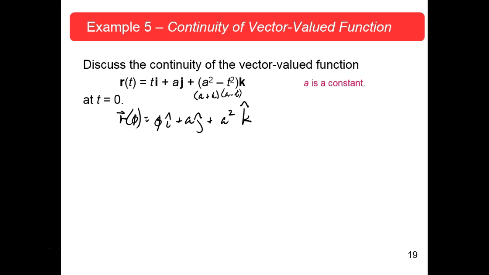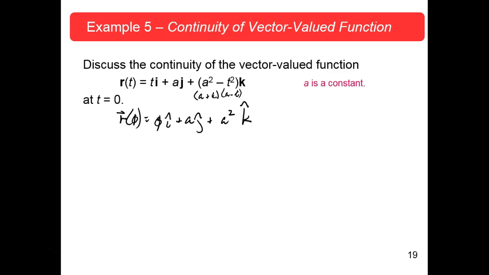if t was larger, then that could have been a negative number for a while, and then it comes up when t is equal to a, it's gone to 0 on the k component, and then as t continues and goes to 0, then this is going to a squared on k.